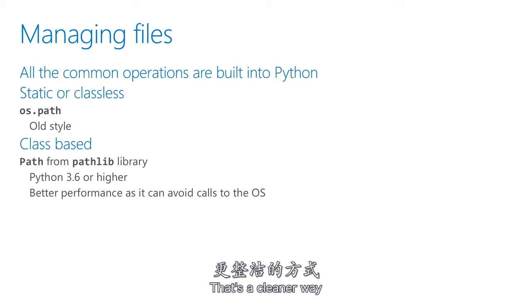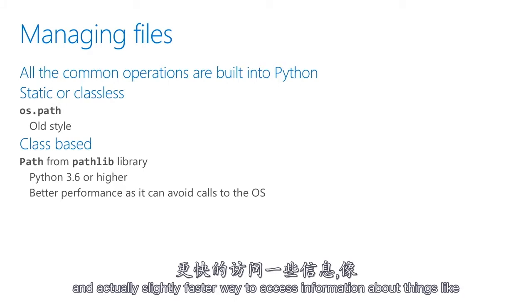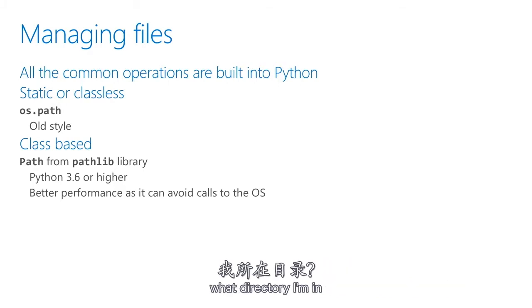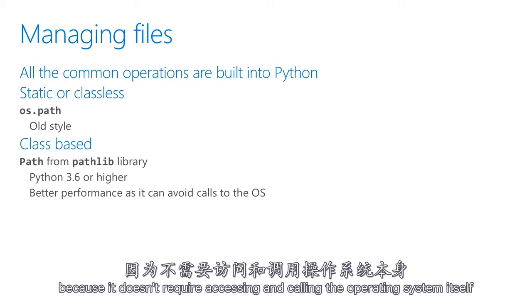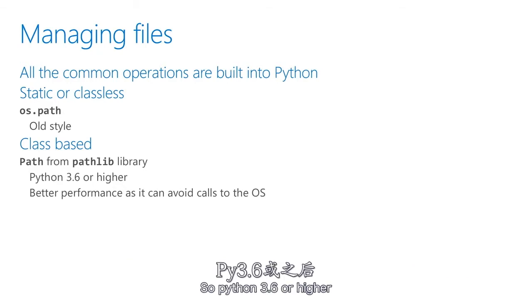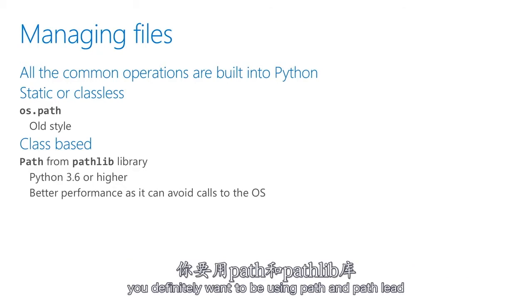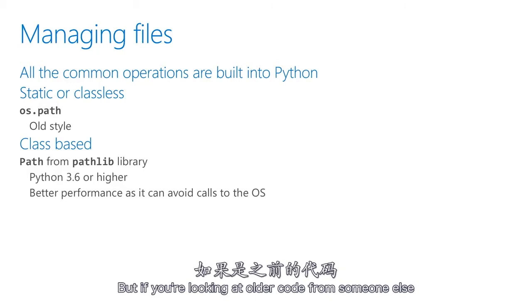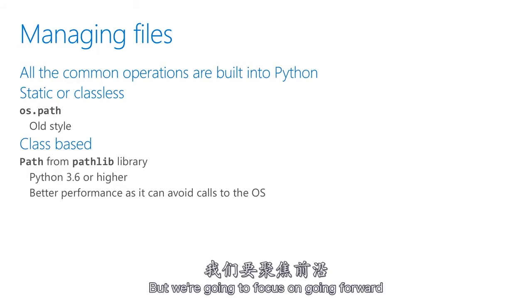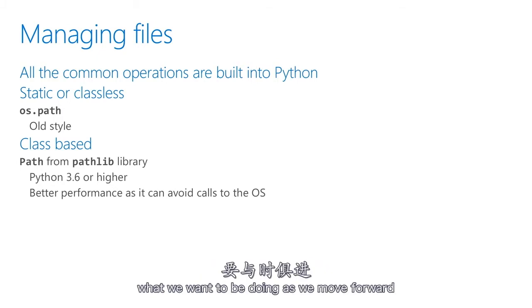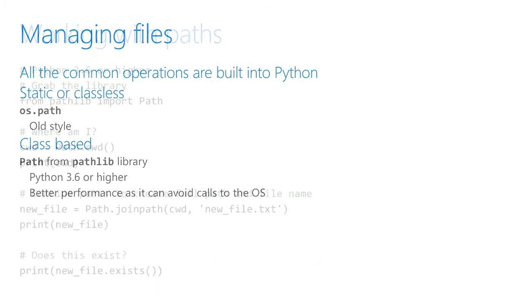And that's a cleaner way and actually slightly faster way to access information about things like what directory am I in, what files are in that directory, and so on, because it doesn't require accessing and calling the operating system itself. So Python 3.6 or higher, you definitely want to be using Path and pathlib, but if you're looking at older code from someone else, just be aware you might see something called os.path. But we're going to focus on going forward, what we want to be doing as we move forward.